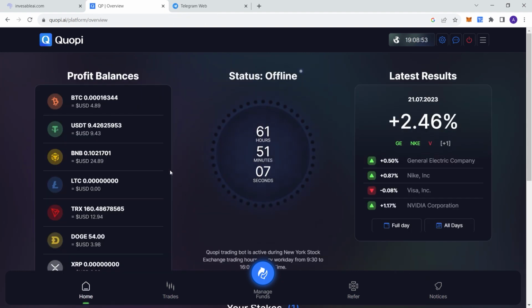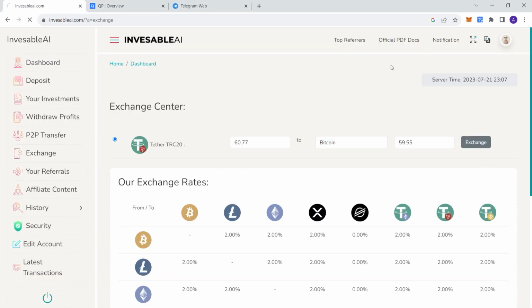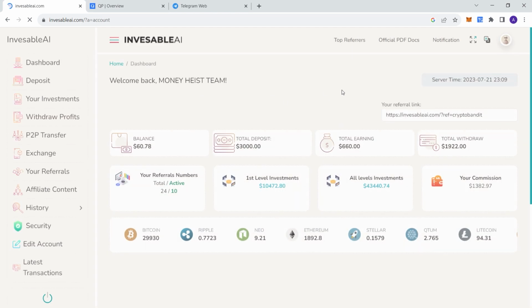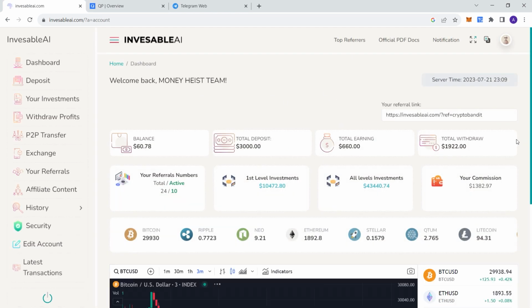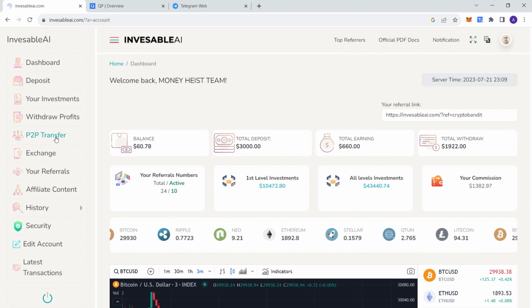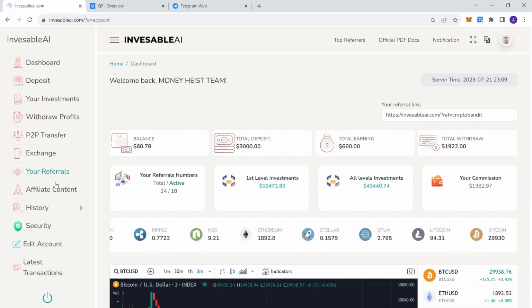But as far as which one is better on the inside, or not better, which one has more features, I think I'm going to go with Invisible, because both of them have the same features as far as the balance and earnings. You can look at your referrals, all this. But these two right here are what draw me in.